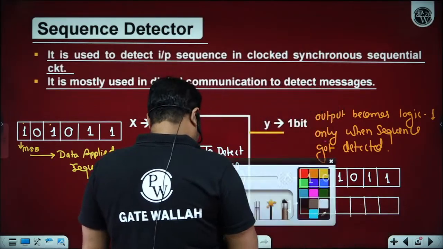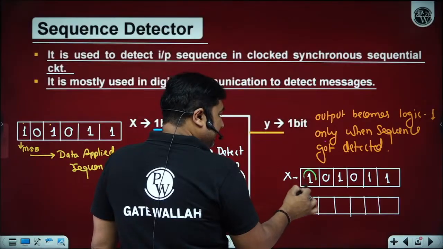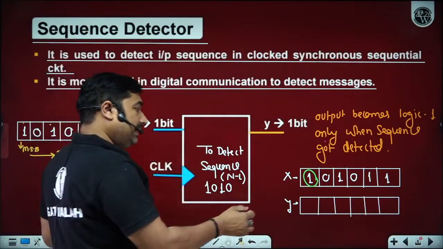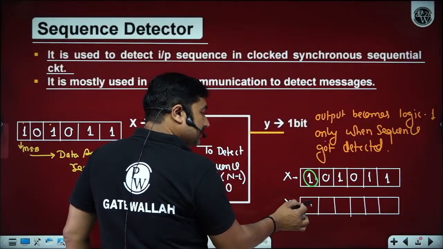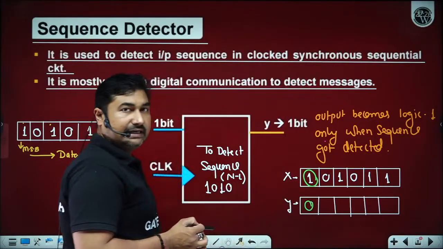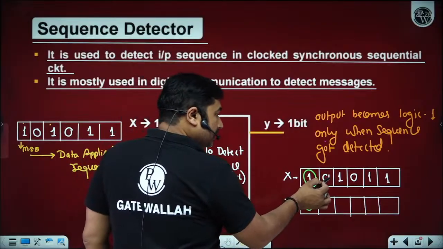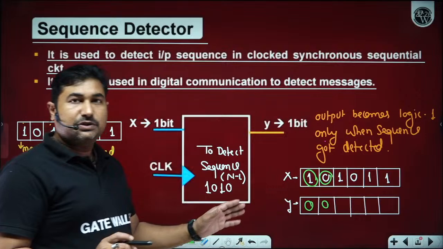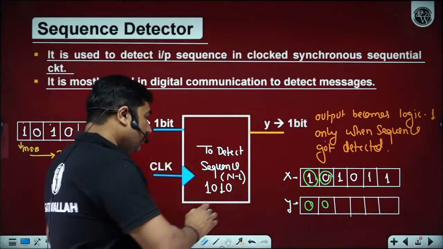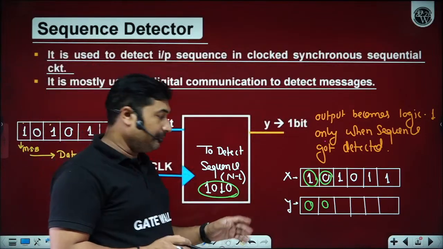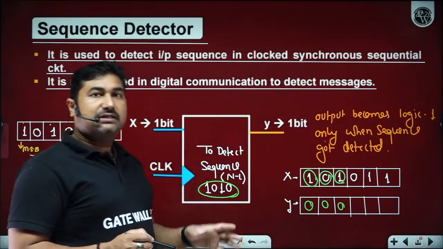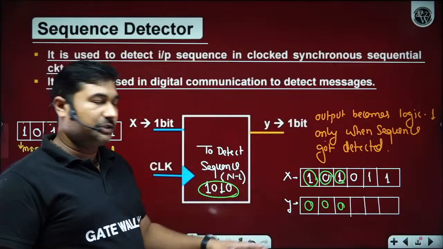So now please observe, when the first bit is received at the input to the sequence detector and a clock is applied, one bit is received but the entire sequence is not detected, so the output is 0. The second bit is also received as 0, but still the output is 0 because the entire sequence 1010 is not detected. Next bit 1 is received, and on the next clock pulse we still have output 0.